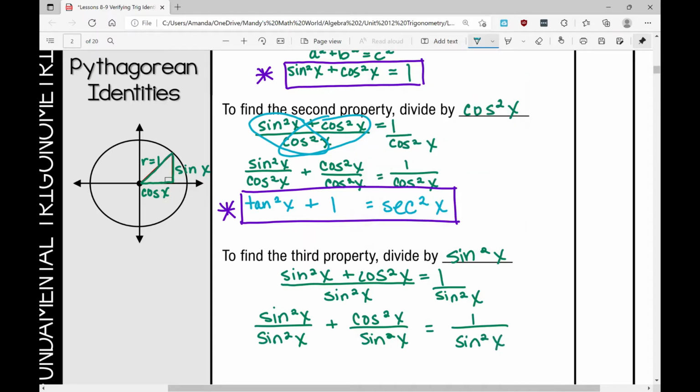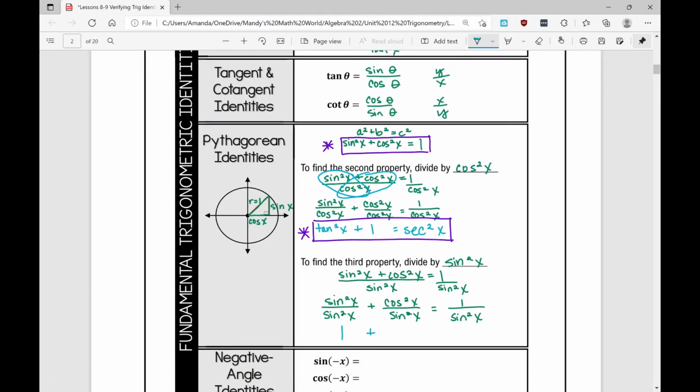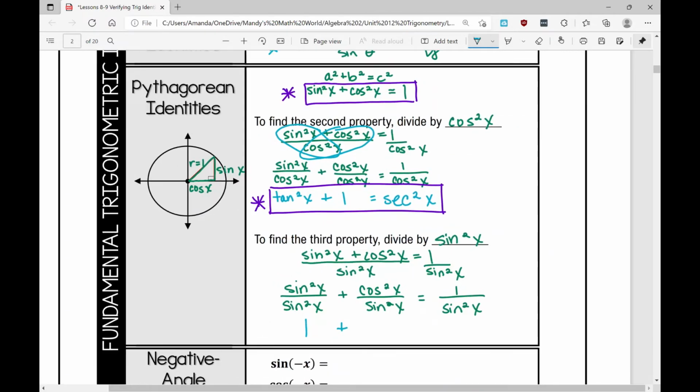Now let's go back up here and see if we can replace some of these with some of our other identities. Well, sine squared divided by sine squared is 1 plus cosine squared divided by sine squared. Well, if I go back up here to my tangent and cotangent identities, cosine over sine is cotangent, which means cosine squared over sine squared is cotangent squared. 1 over sine squared.